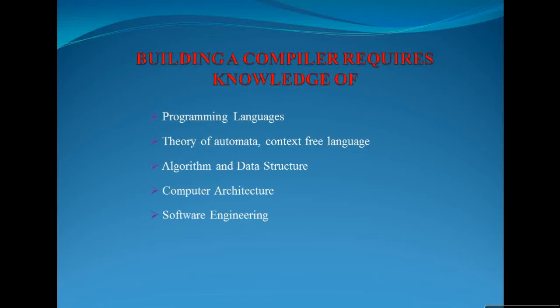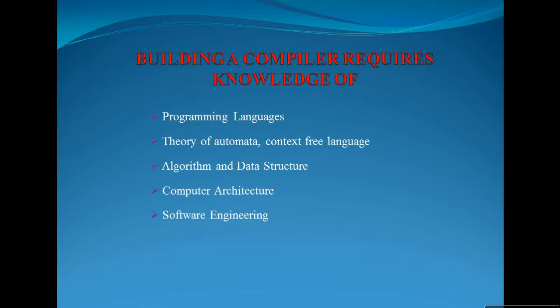So next, what is the main requirement to build a compiler? To build a compiler, we need some knowledge. First, a programming language is needed, and the second one, theory of automata, in that context-free languages, is the main knowledge for building a compiler.